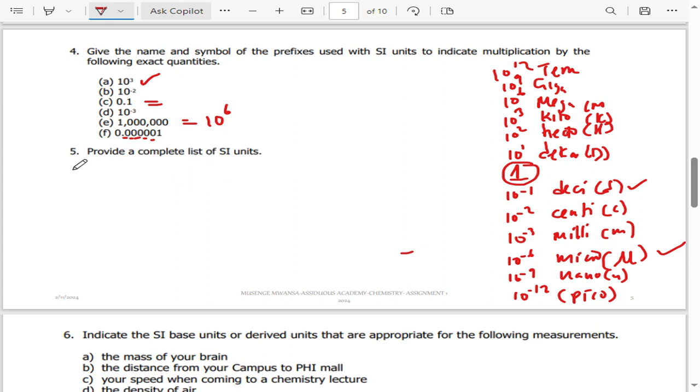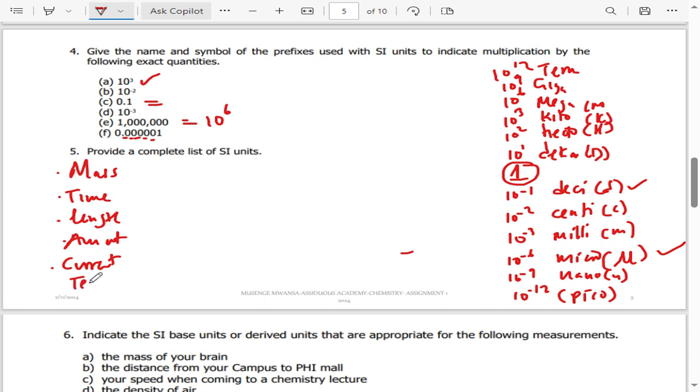The first one is mass, and then you have also time, you have got length, you have got amount of substance, you have got current. What else? These are 1, 2, 3, 4, 5. So 2 more remaining.